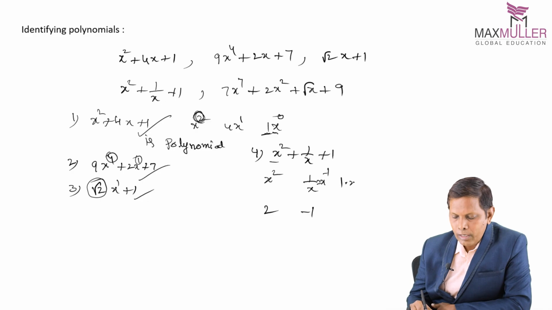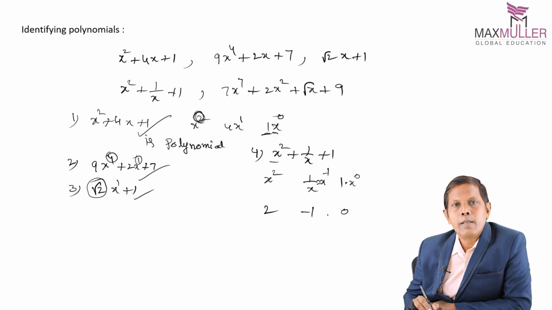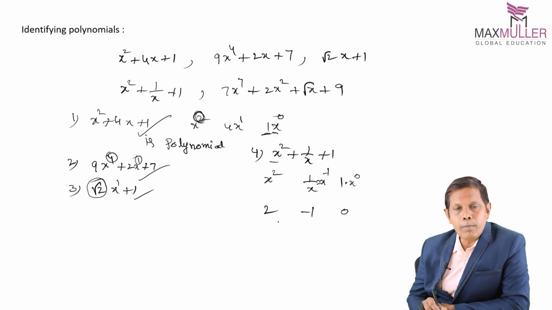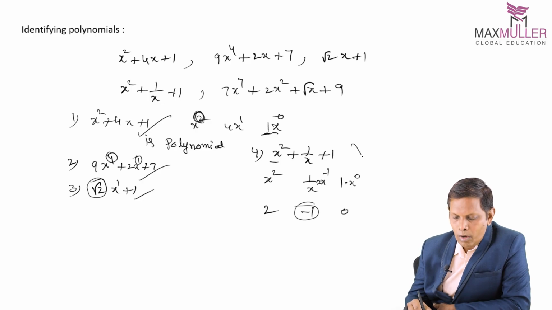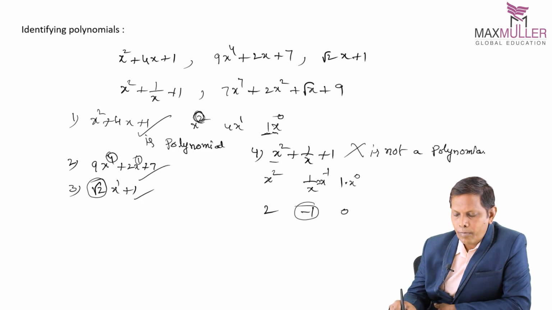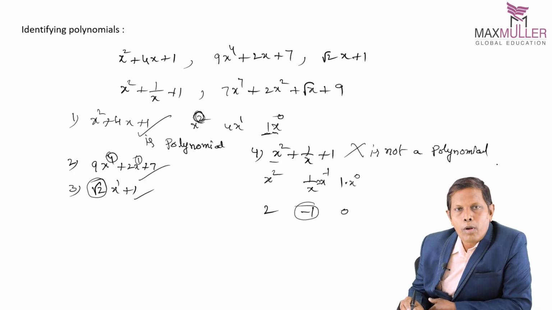The third is x power 0, degree 0. Here we have one negative power, so this is not a polynomial.